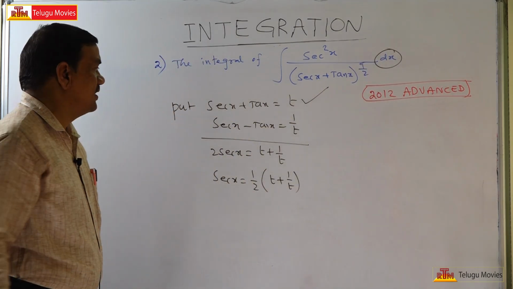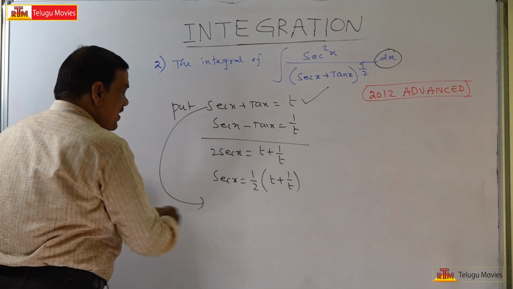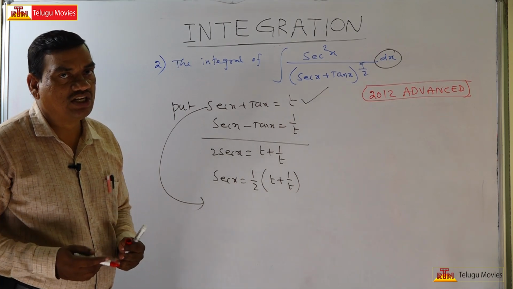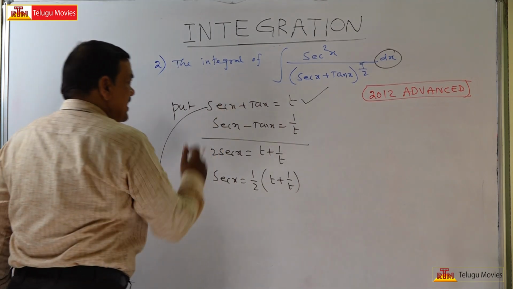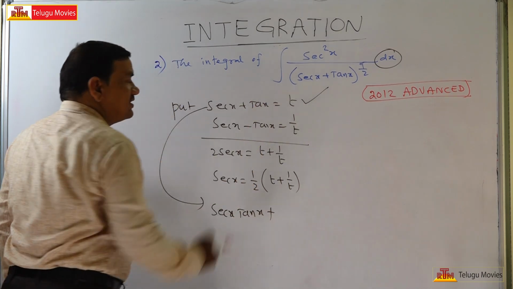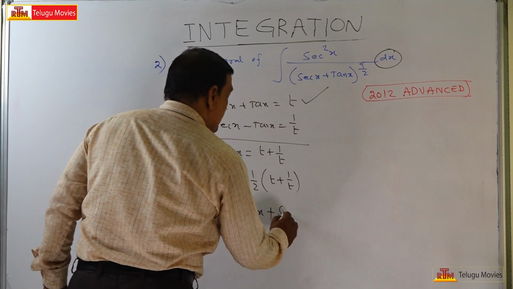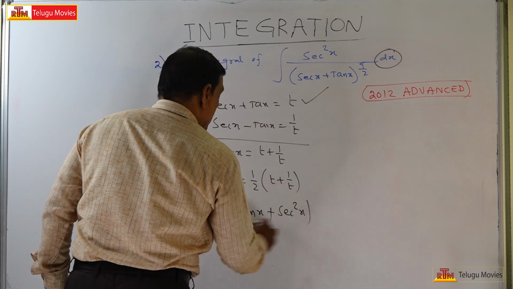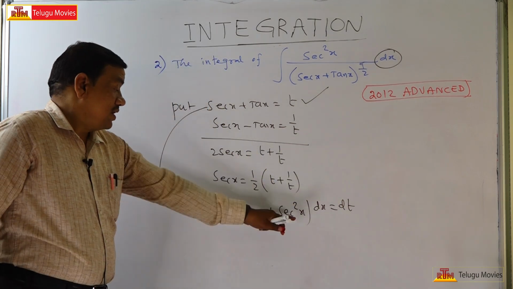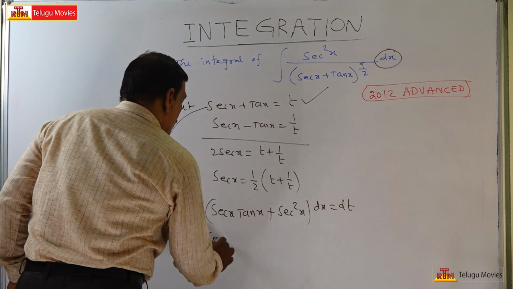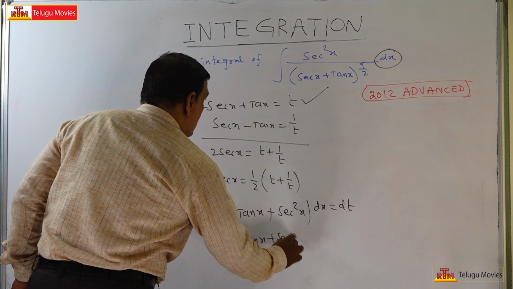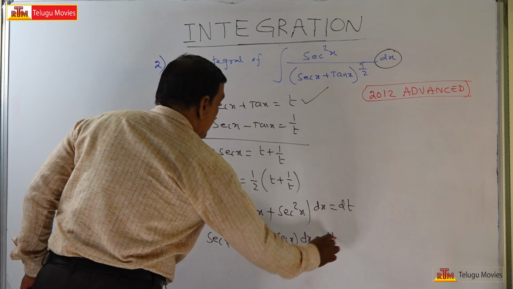To find that, differentiate secant x plus tan x with respect to x. The derivative of secant x is secant x into tan x, plus the derivative of tan x, which is secant square x. Of course, dx will be there, that is equal to dt. Take secant x common outside. So tan x plus secant x dx is equal to dt.